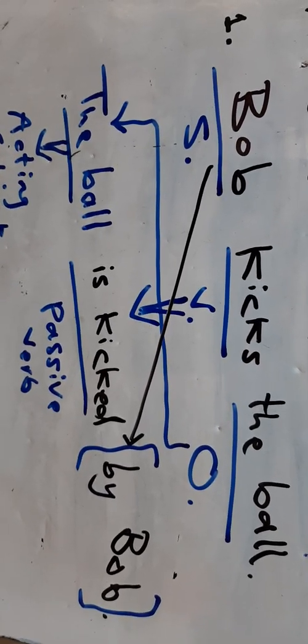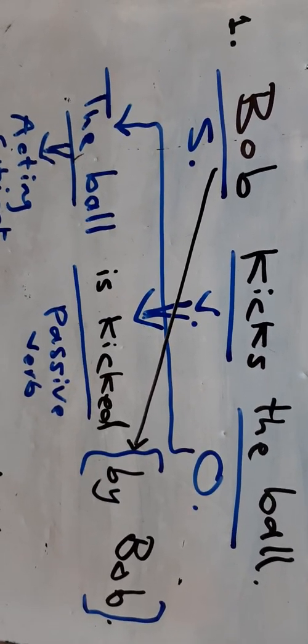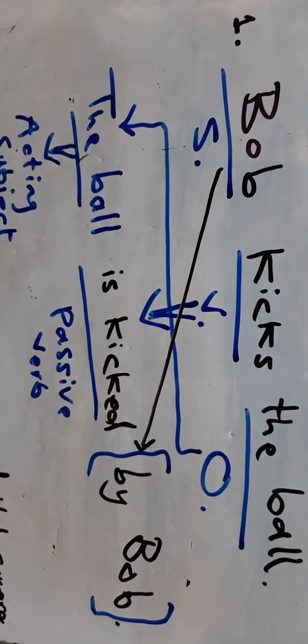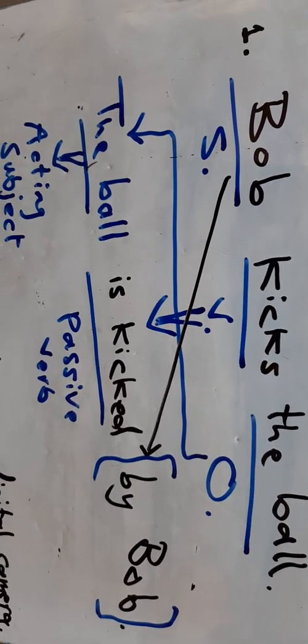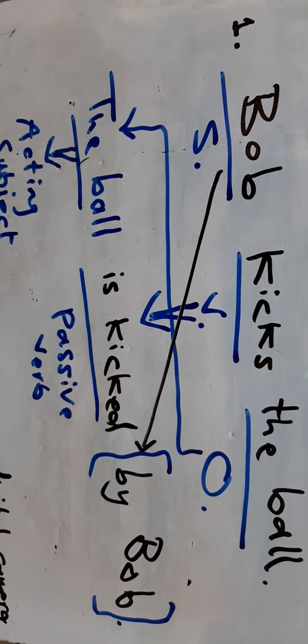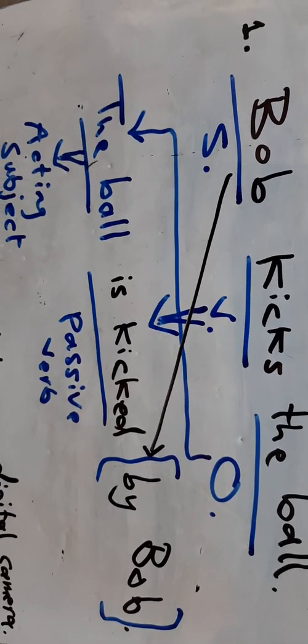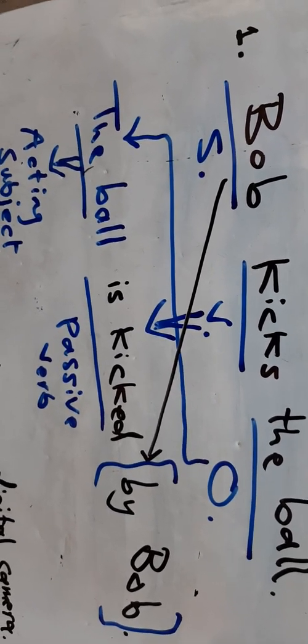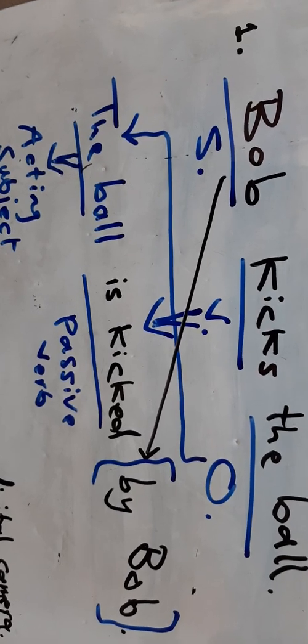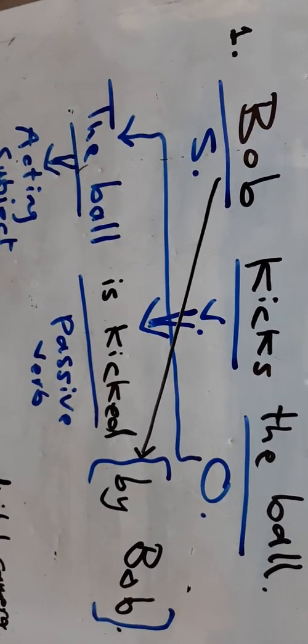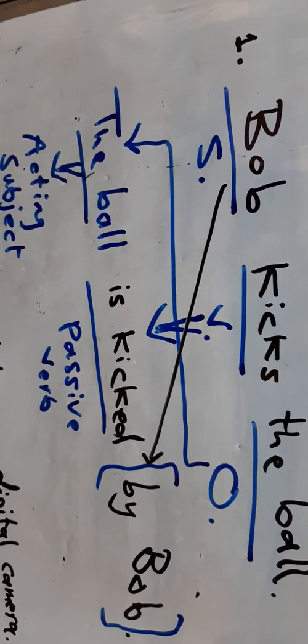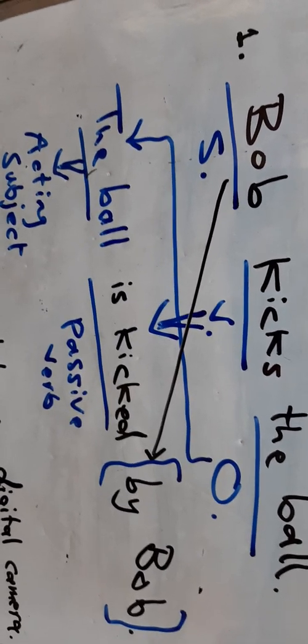Again, I repeat, only transitive verbs can be changed into passive in English. Transitive verbs take objects, but intransitive verbs cannot be changed into passive. Why? Because they do not take objects.